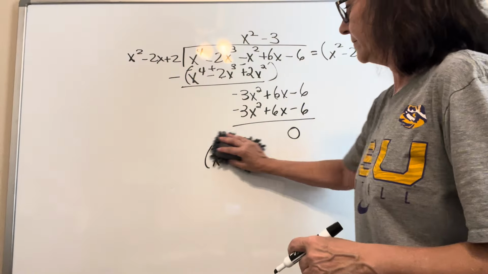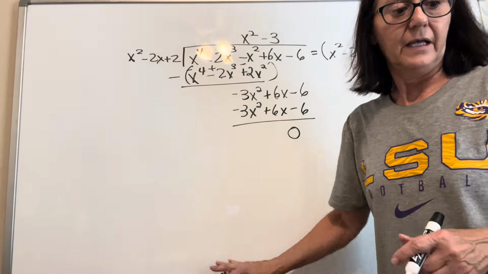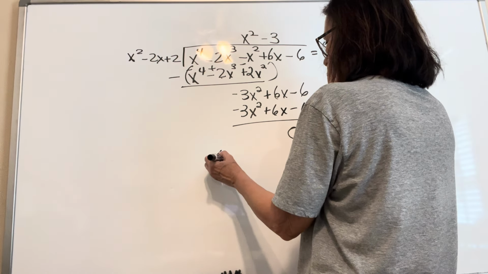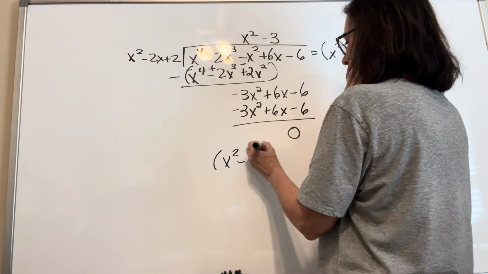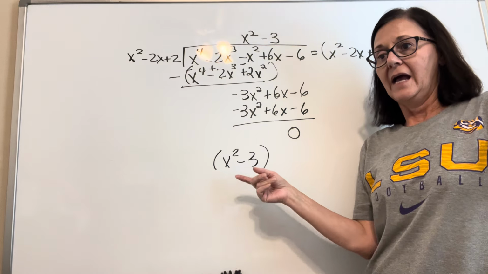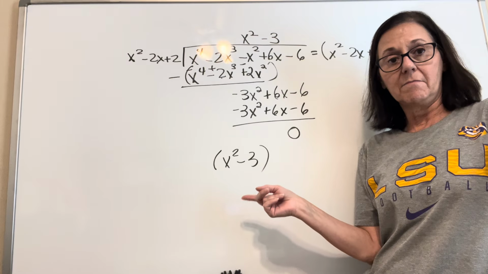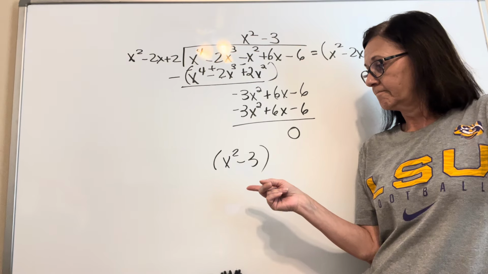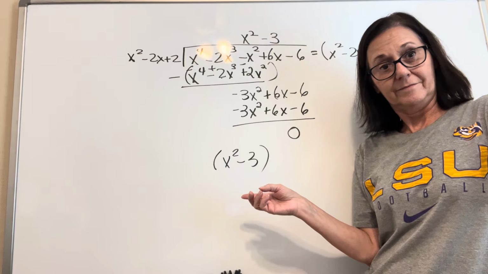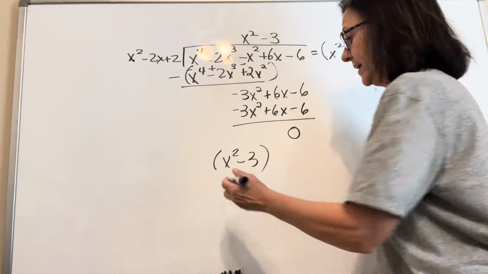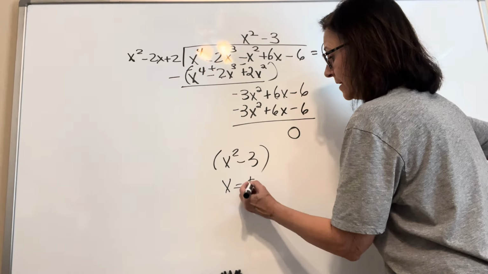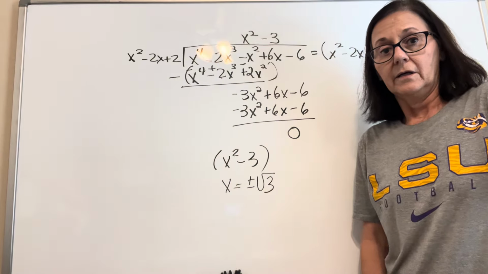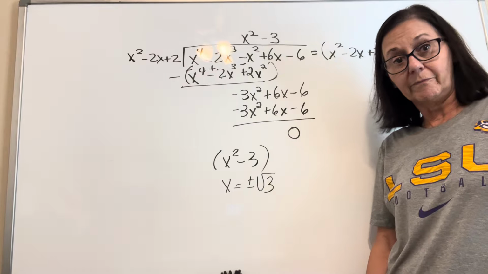But can I factor x squared minus 3? Over the reals, yes. x is going to be plus and minus the square root of 3. We've never done this before, but you actually can.